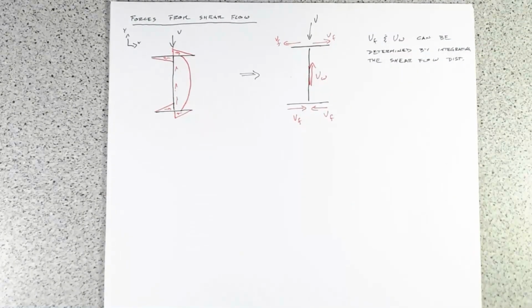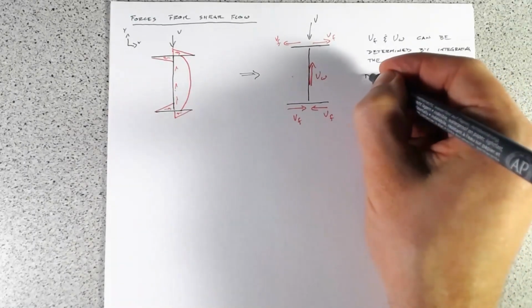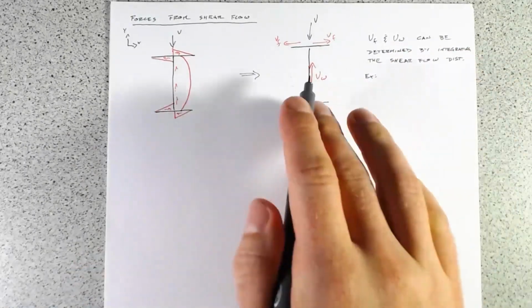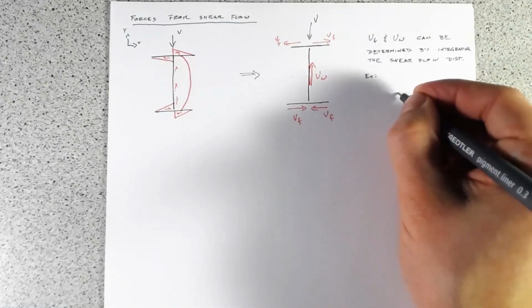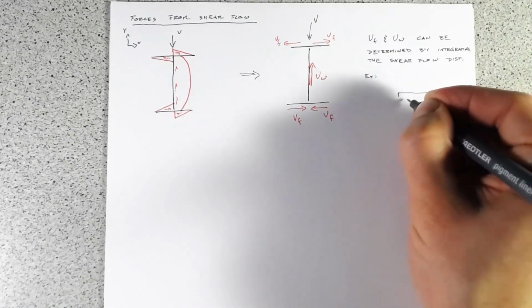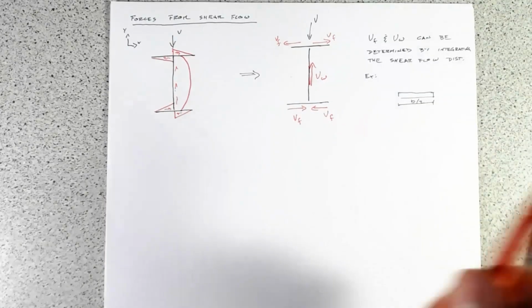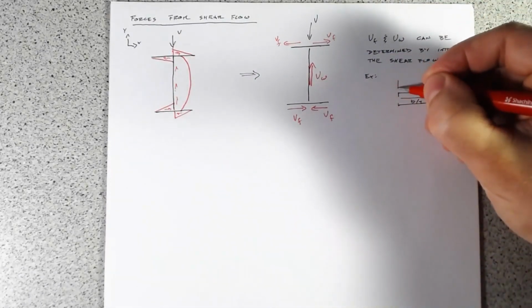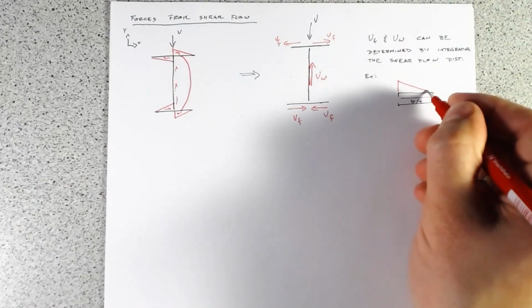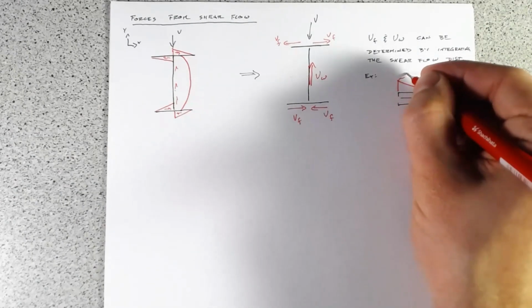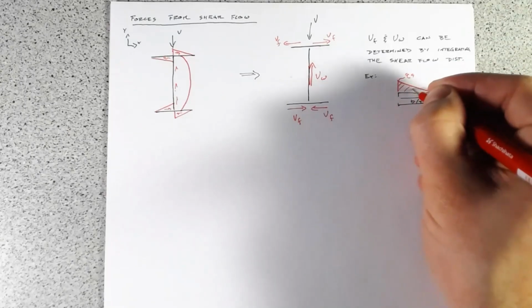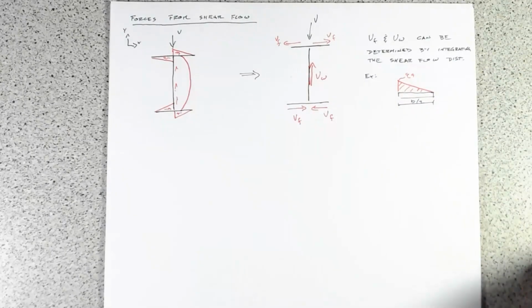So for example, in the flange, say we've got some distance b over 2, and we have some shear flow QA, and say this is just in the flange here.